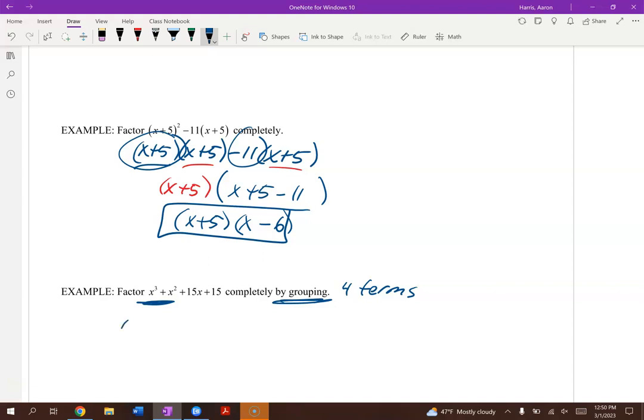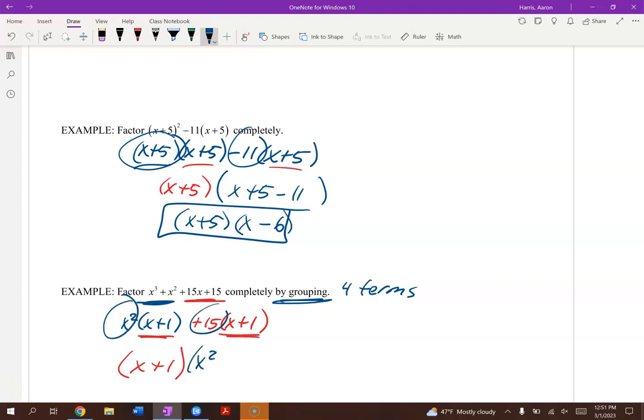X squared. Good. If I take an x squared out, I'll be left with x plus 1. Now look at the next two. What can I take out of those two? Good. And I'm left with x plus 1. Now notice these two terms, they both have an x plus 1. So I take that x plus 1 out. I'm left with x squared plus 15, and we're all done.